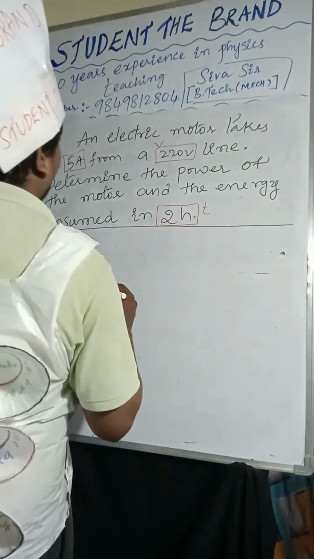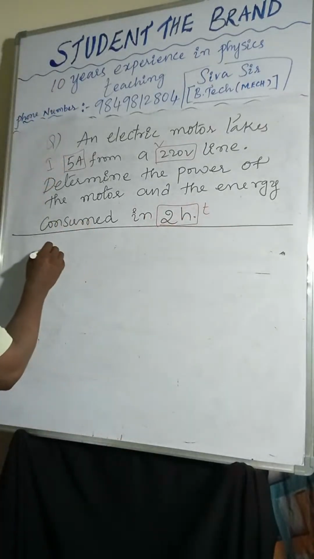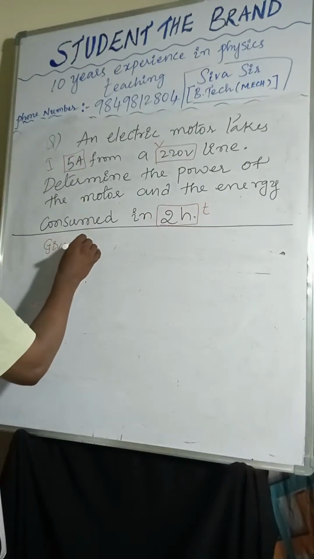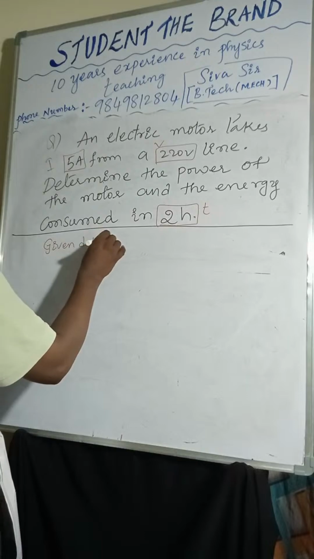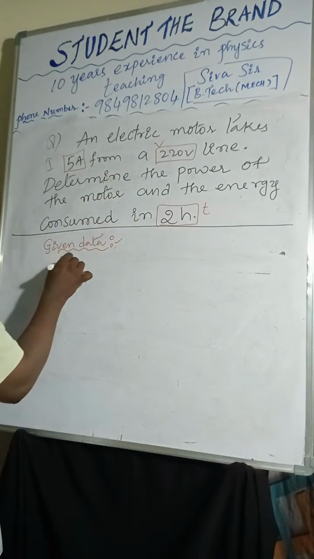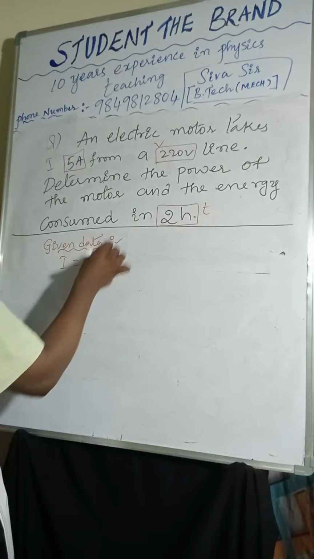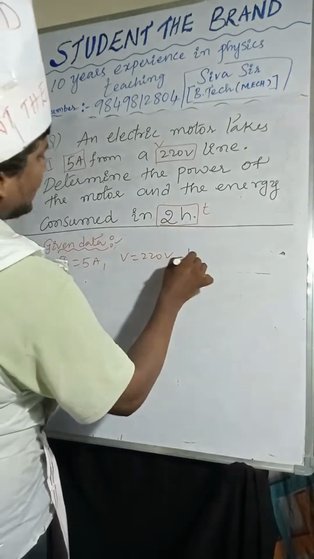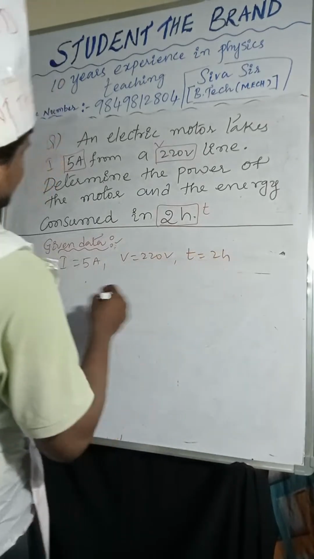Write the given data first: I equal to 5 ampere, V equal to 220 volts, time equal to 2 hours.